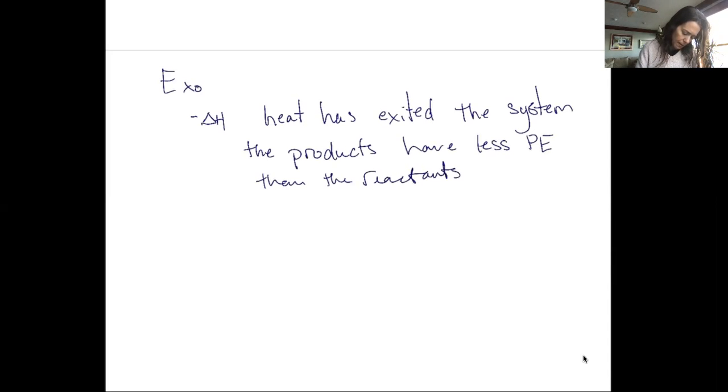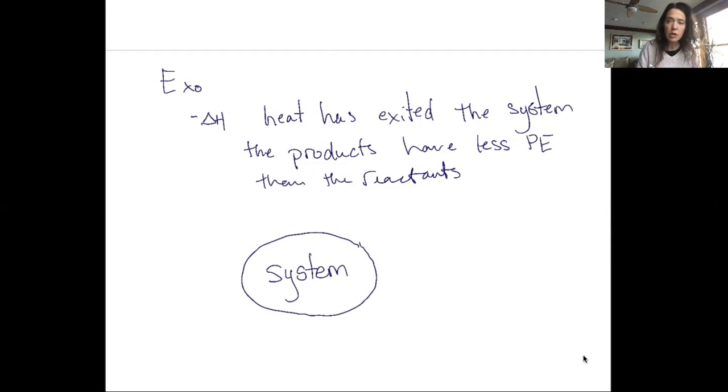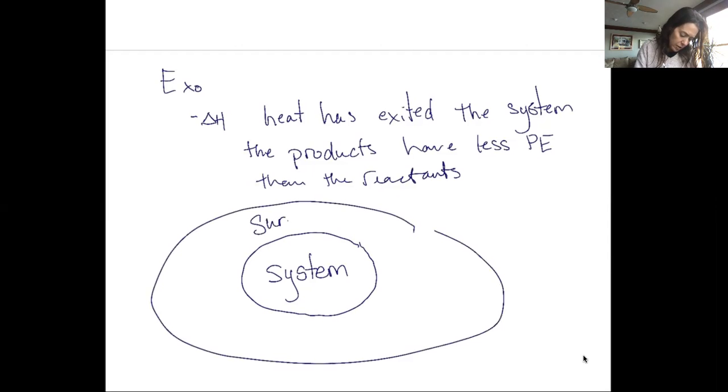So if we look at our system, which is whatever we are studying, it could be the dissolving of a salt. The system could be the melting of the ice, the freezing of the water. And then remember that the surroundings is everything else. Please put in your head that we observe the surroundings, and then we can determine what's occurring.